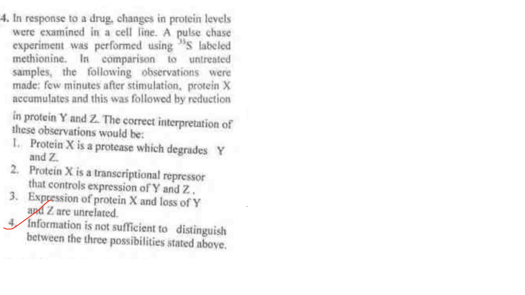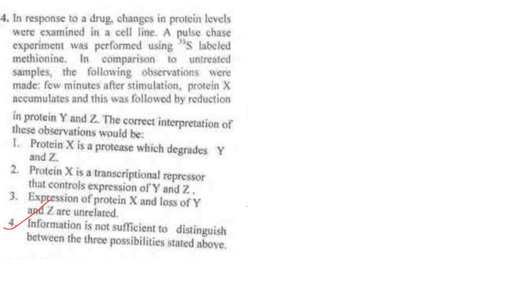Few minutes after stimulation, protein X accumulates, and this was followed by reduction in protein Y and Z. So here in this experiment, a pulse chase experiment was performed using S35 labeled methionine, and after a few minutes of stimulation, what did you observe? Protein X accumulates, and its accumulation was followed by reduction in protein Y and Z.